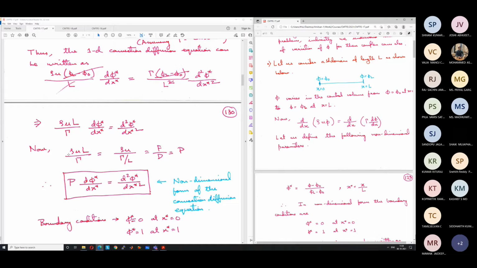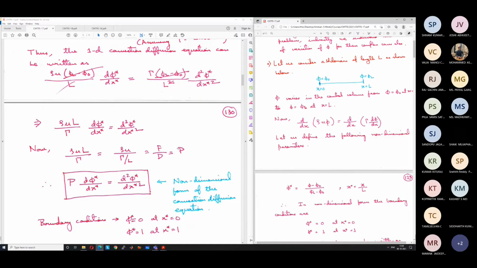Previously we had defined it as something like gamma by delta x. So basically diffusivity by length scale. Okay, so this is the diffusive strength. Okay, F by D. So this is a non-dimensional number, this rho u L by gamma, and it is what we have defined as the Peclet number. Okay, let us call it P.